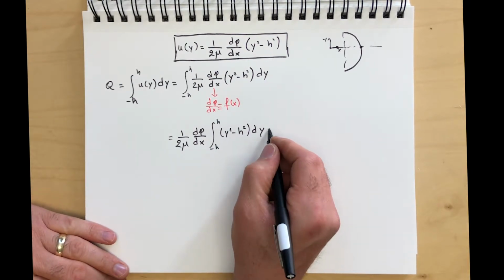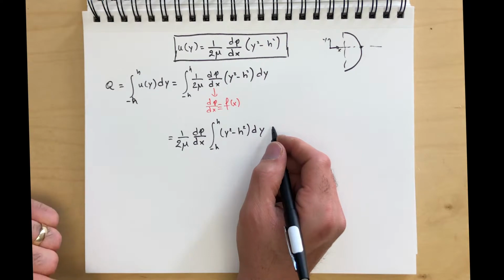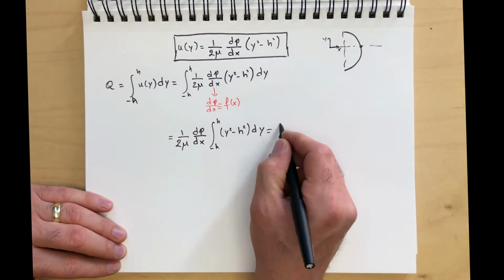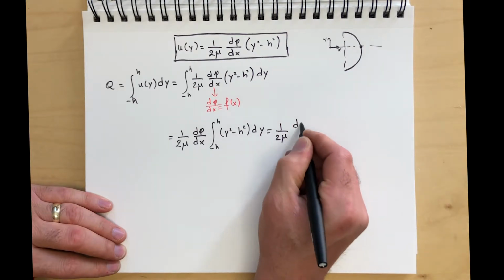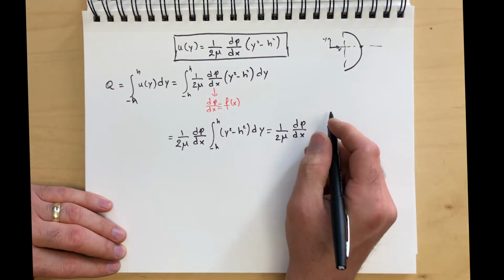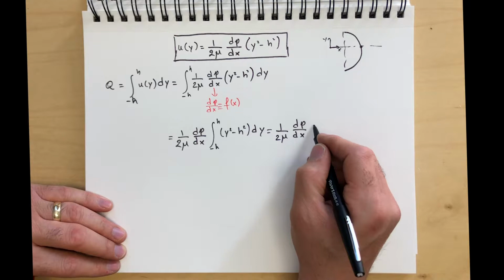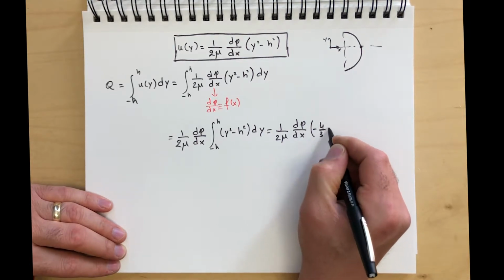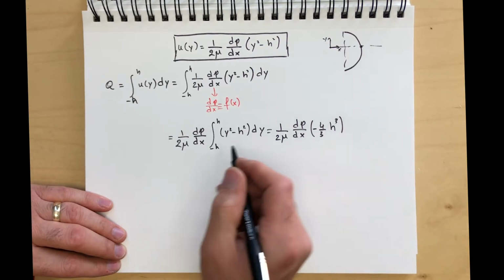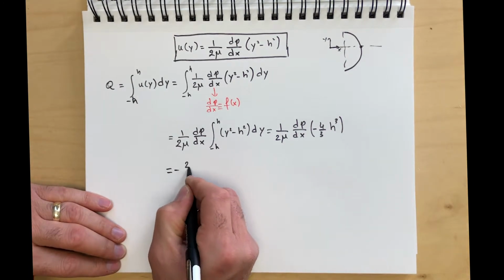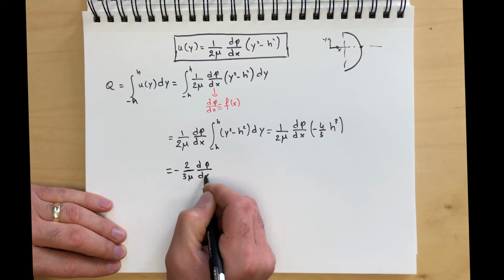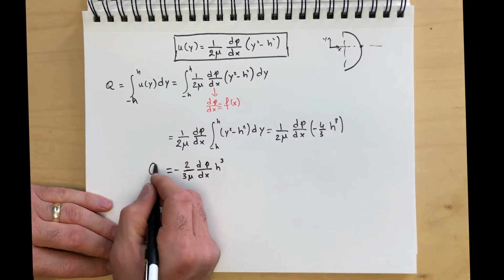If you carry out the integration, you will get 1 over 2 mu dp by dx times minus 4 over 3 h cubed, which is minus 2 over 3 mu dp by dx h cubed, and that is q.